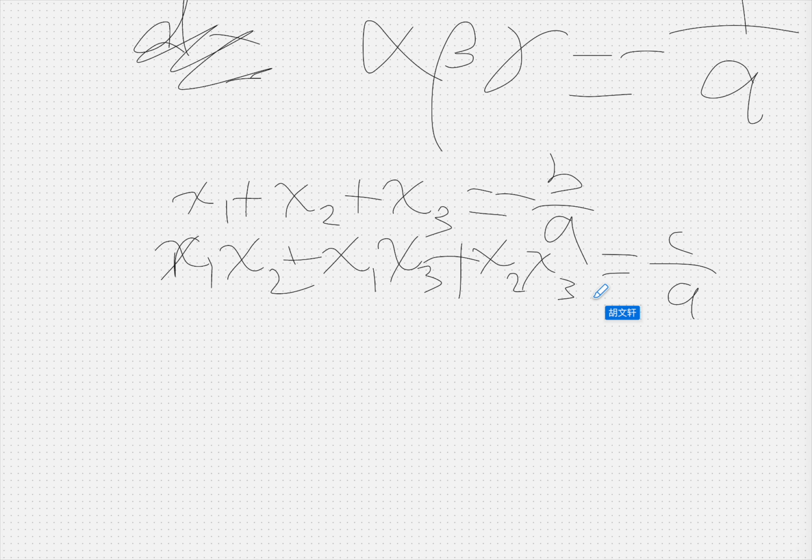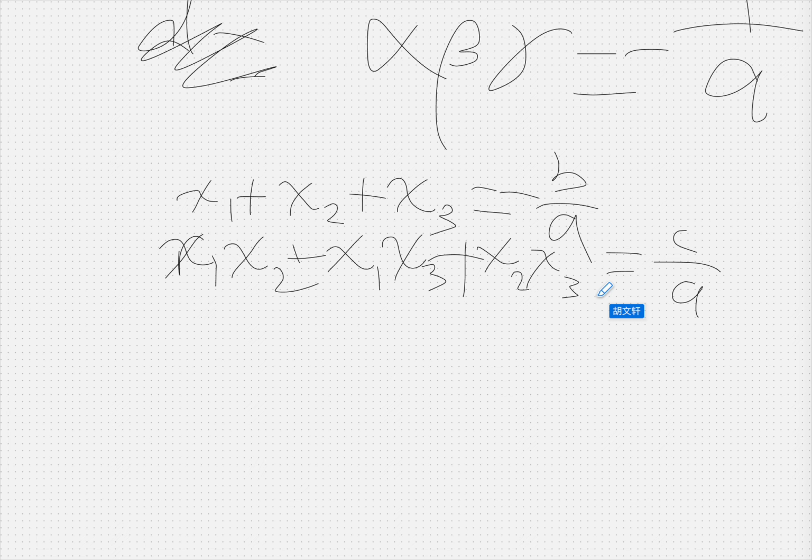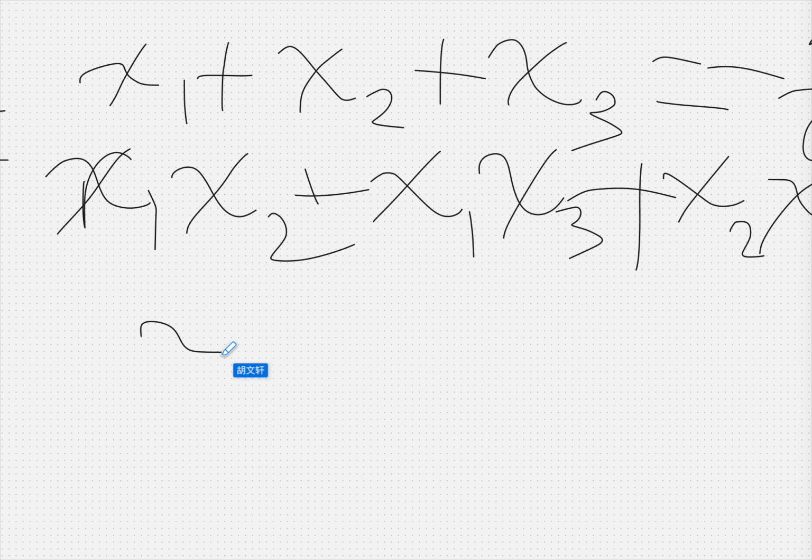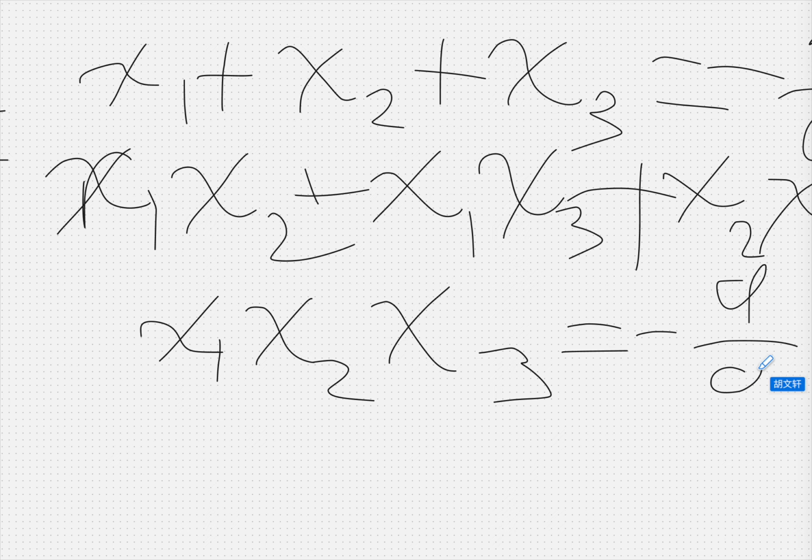Essentially we just pair them up by 2, and since we have 3 roots, 3 times 2 over 2, we have 3 pairs. And the last one is x1 x2 x3 equals negative d over a.